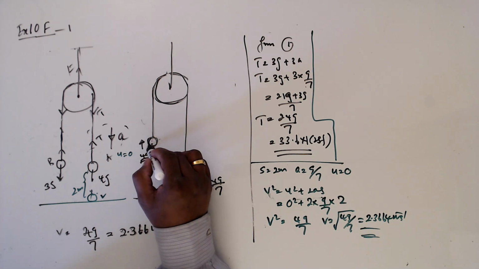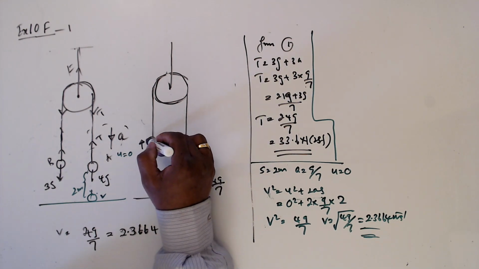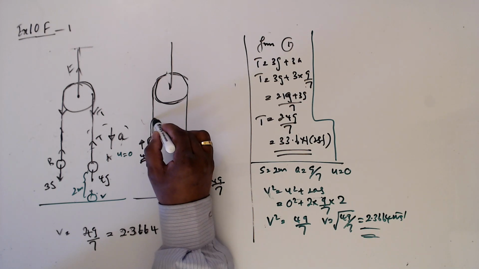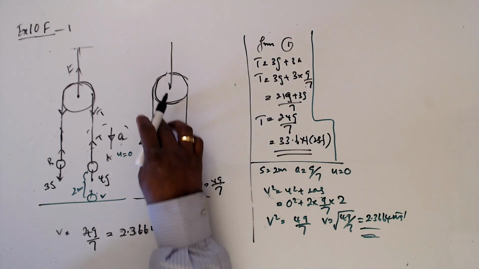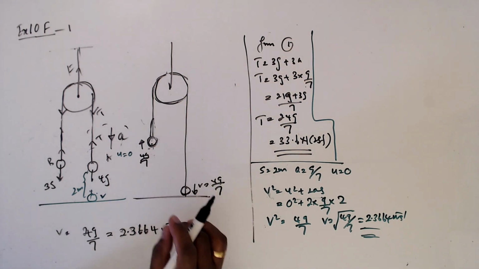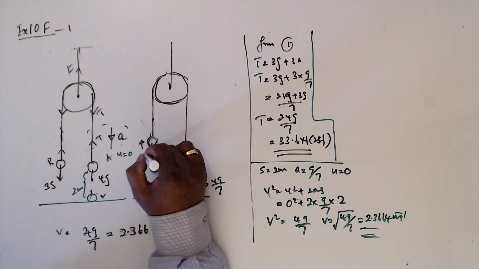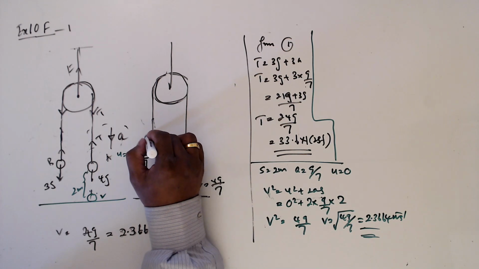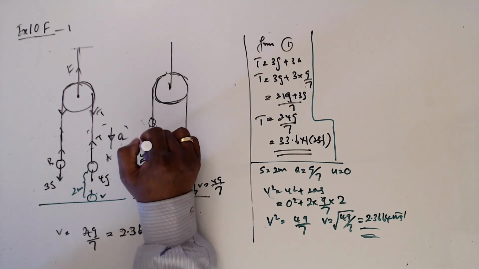This one still has the speed upward, so it will move up, go up and then come back again and make the tension again.